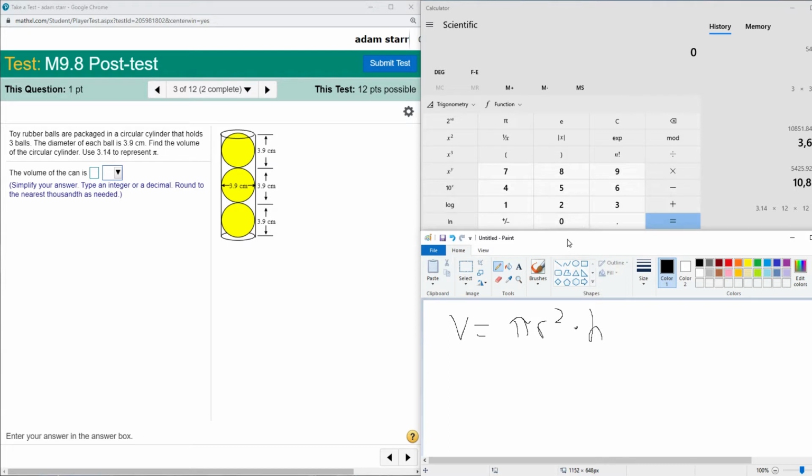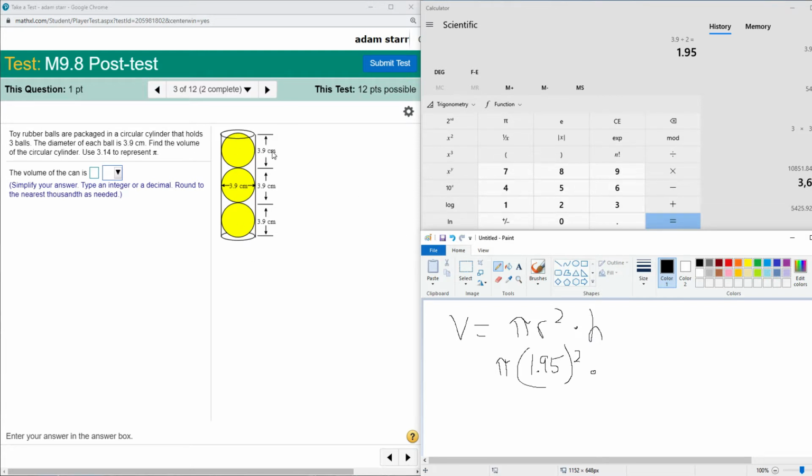So to find the radius, we're going to take that diameter of 3.9 and divide it by 2, because the radius is half the diameter. So I know that my radius is 1.95. Okay, I know I'm going to have to square that. Okay, pi is still here. And then I need the height of my cylinder.